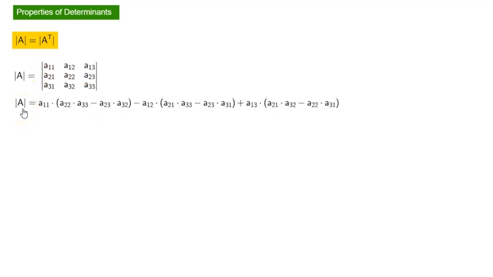Now, the determinant of A, we know how to evaluate. It is A11 times (A22 times A33 minus A23 times A32), minus A12 times (A21 times A33 minus A23 times A31), plus A13 times (A21 times A32 minus A22 times A31).